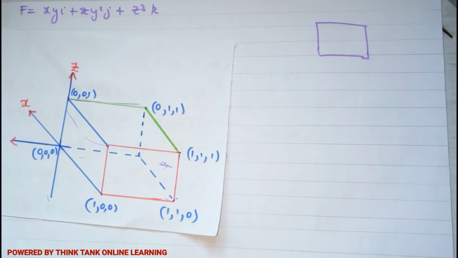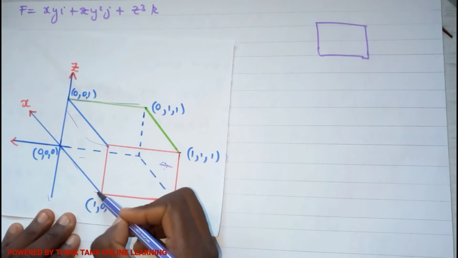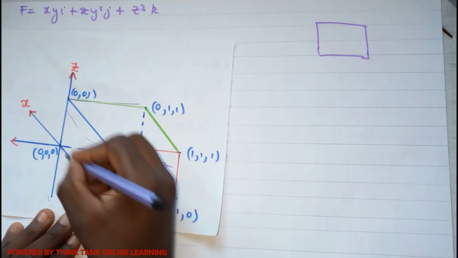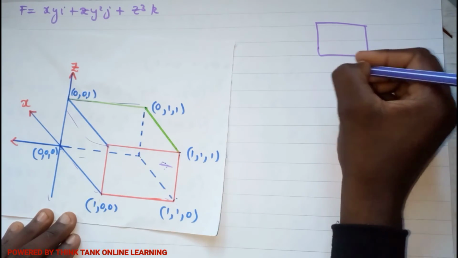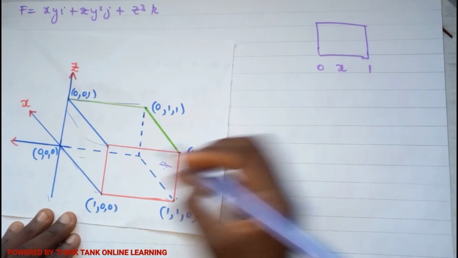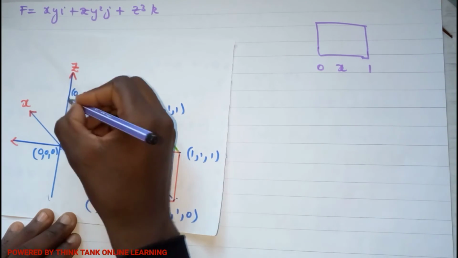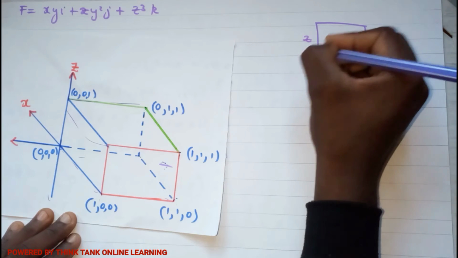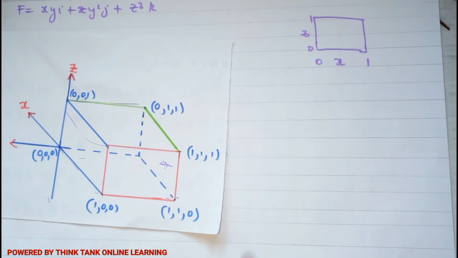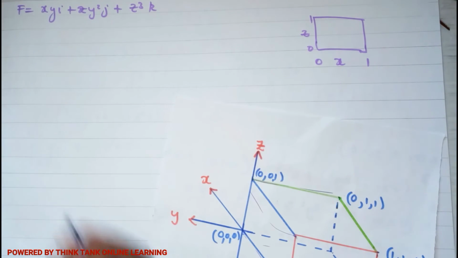As you can see, x is increasing from 0 to 1, and z is also increasing from 0 to 1.